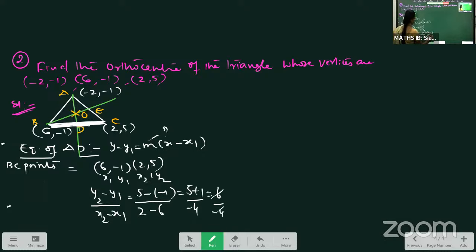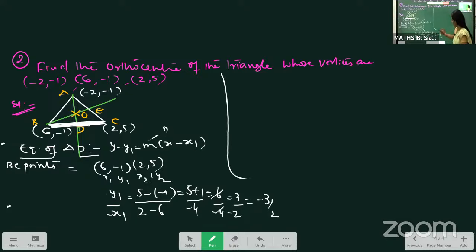That is 2 threes and 2 twos, so how much are we getting? -3 by 2. The minus is down, but we can write it in the numerator. Nothing will happen.